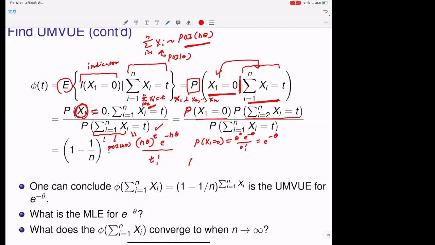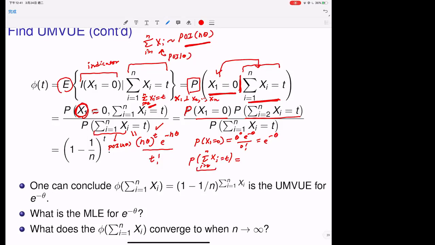Then how about the summation from i equals 2 to n of xi equals t? I know this is Poisson n minus 1 times theta.